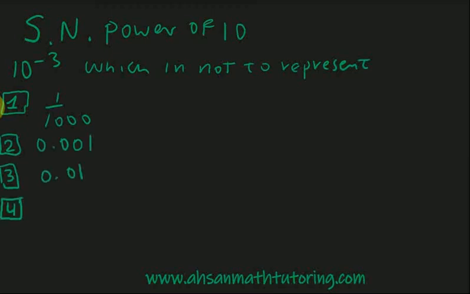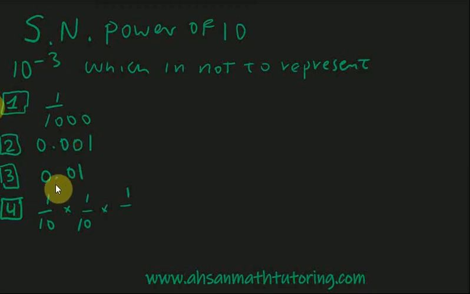Let's say the first one is 1 over 1000. Does this represent 10 to the power negative 3? The second one is a decimal number, 0.001. Does this also represent 10 to the power of negative 3?